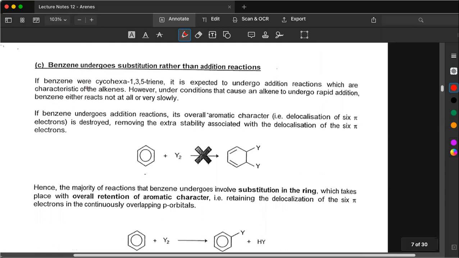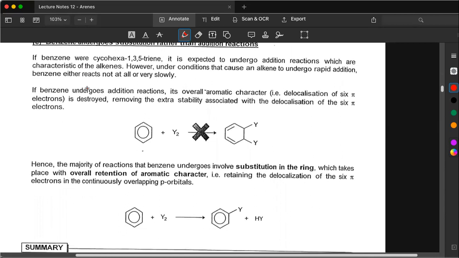If benzene were indeed cyclohexa-1,3,5-triene, it is expected to undergo addition reactions similar to alkene. However, under the same conditions for alkene to undergo rapid addition, benzene does not react or reacts very slowly. If benzene really underwent addition reaction, its overall aromatic character, which is the delocalization of the 6 pi electrons, would be destroyed, which removes the extra stability associated with the delocalization of the 6 pi electrons.